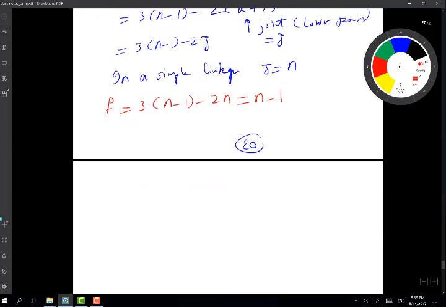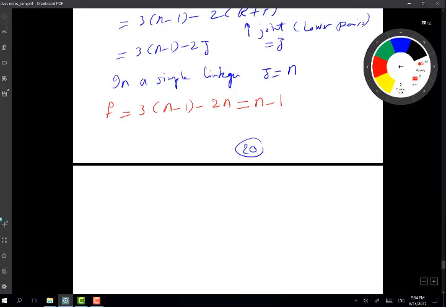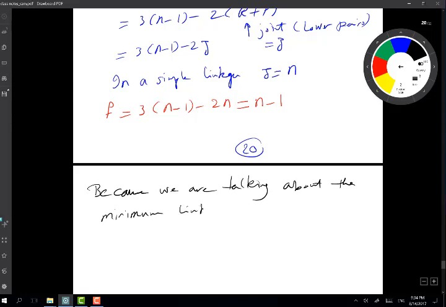Because I'm talking about the simple mechanism, the minimum linkage, F is equal to 1, right?